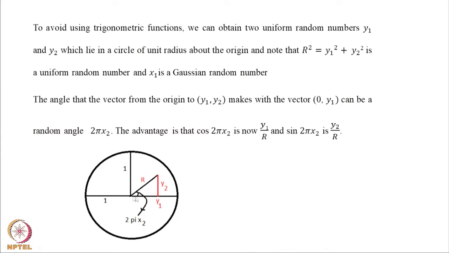Since both are lying between 0 and 1, in principle this r square, which is the sum of y1 square and y2 square, can be 2, because y1 could be 1 and y2 could be 1. So, r square could be 1 square plus 1 square, that is 2. If r square is 2, that means the number will lie somewhere in that box. It will lie in a square box of edge length 2.